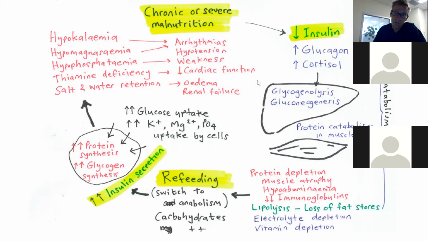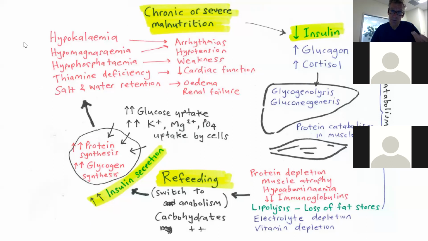With marked insulin secretion you'll have increased glucose uptake into cells, and lots of potassium, magnesium and phosphate all being taken up into cells for this anabolism, for the creation of new tissue, muscle growth, fat stores, and so on. So thiamine, glucose, potassium, magnesium and phosphate are being taken up into cells, and they can be depleted from the bloodstream.